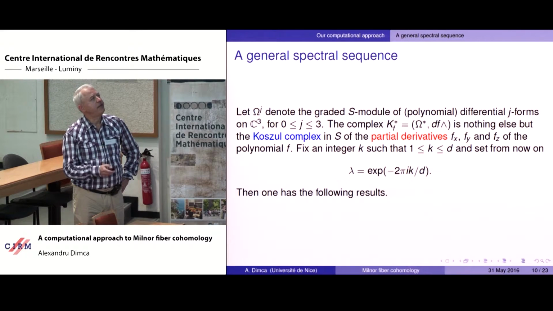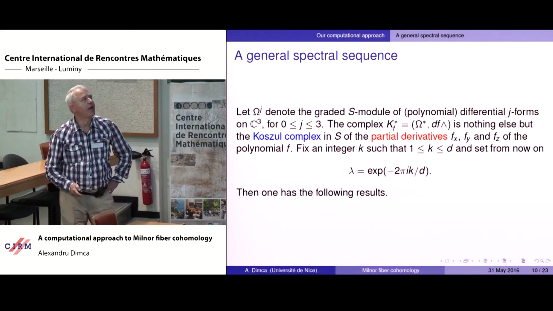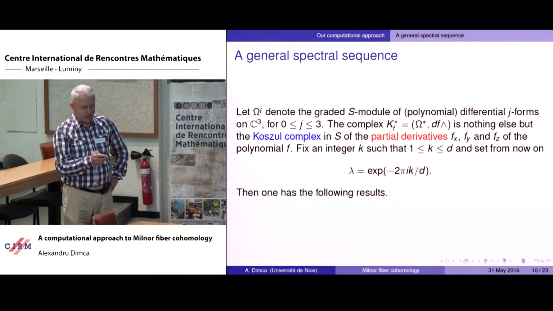And I will fix now an integer k till the end of my talk, and this integer will be between 1 and d, and I will denote lambda to be this d roots of unity, okay? And then one has the following results.